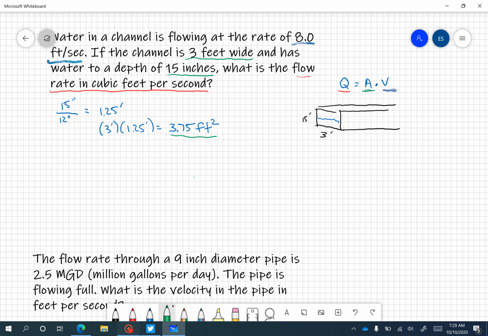There's my area there. So 3.75 square feet times velocity, which was given here, 8 feet per second. So 8 feet per second, so 8 feet over 1 second.